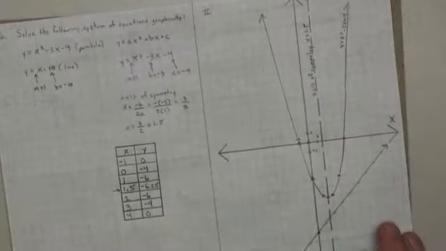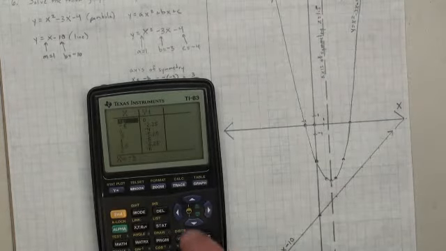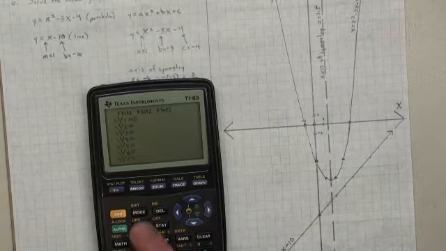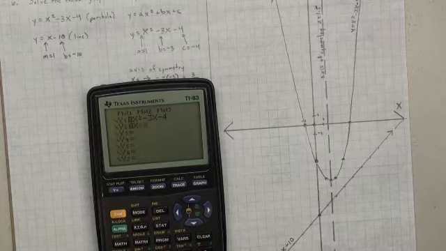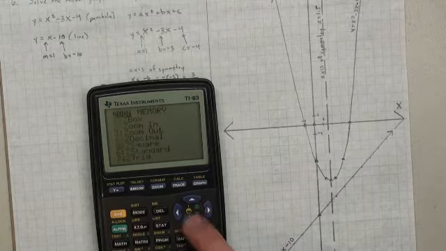Now, before we write down no solution, let's check it on our calculator to make sure we didn't make a mistake. Whoops. X squared minus 3x minus 4, and then it's x minus 10. Zoom z square.